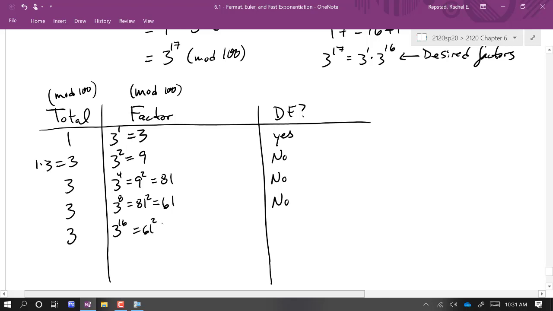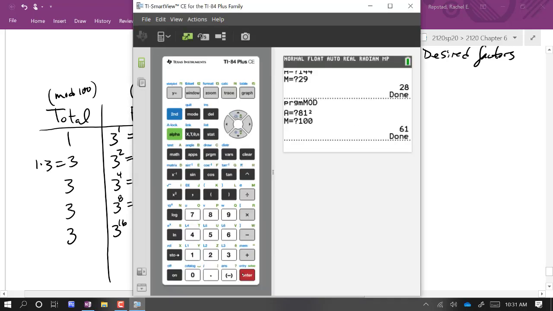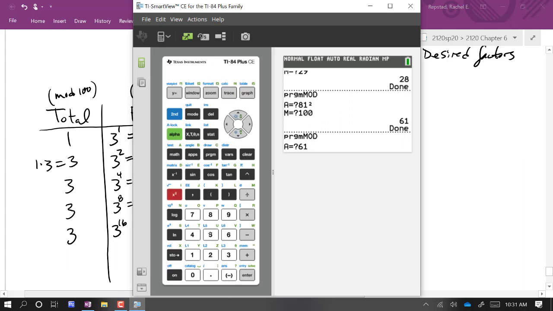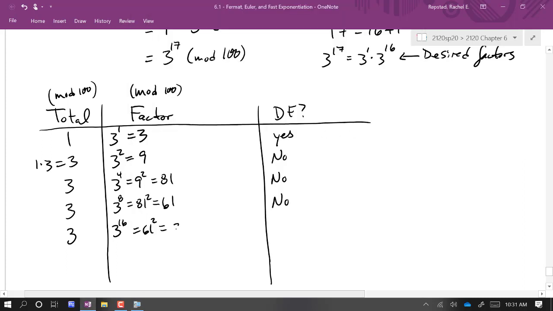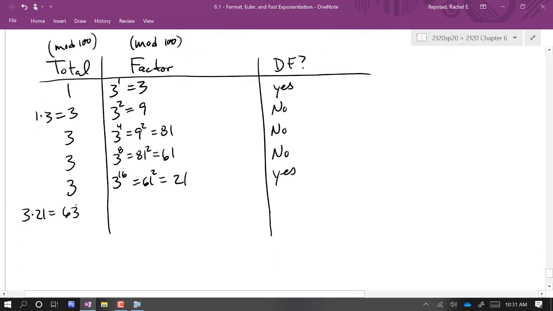This is 61 squared. That's 21. This gets a yes, so I'm going to change my total. That is 63, already reduced mod 100. So now we know that the last two digits of 3 to the 137 are 63.